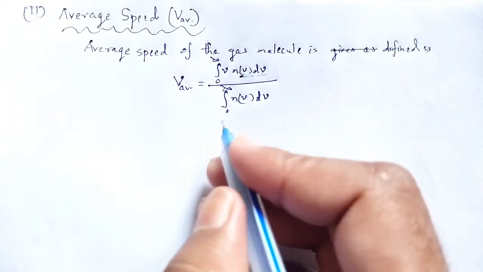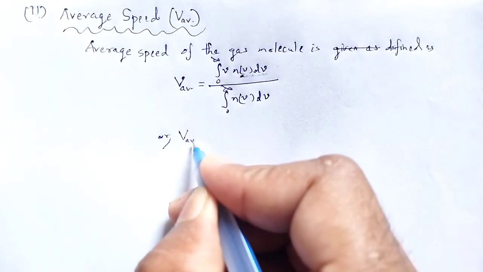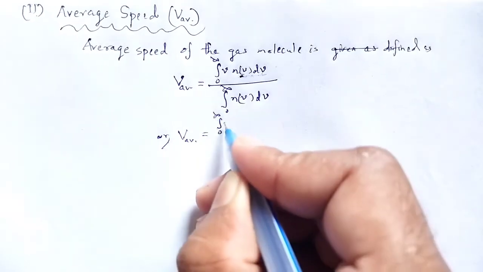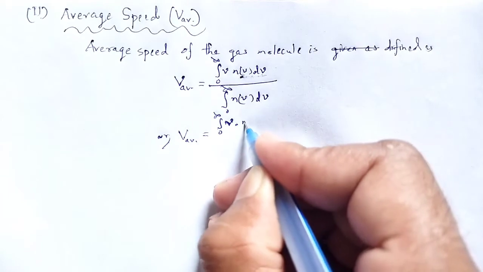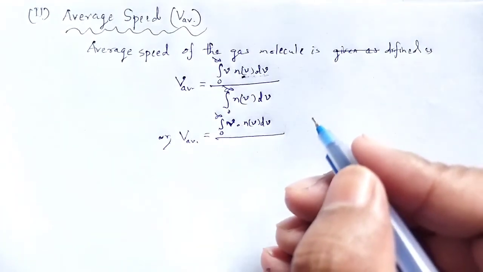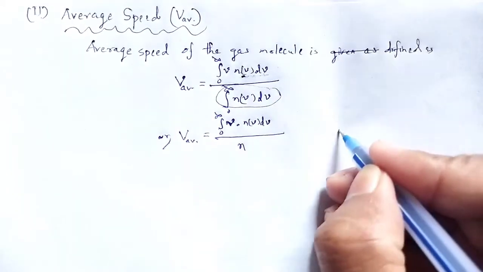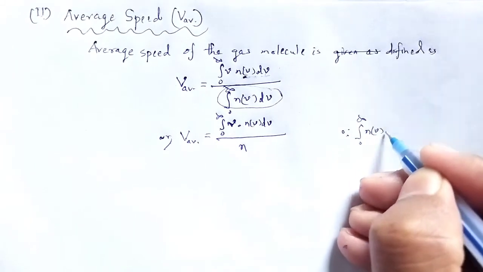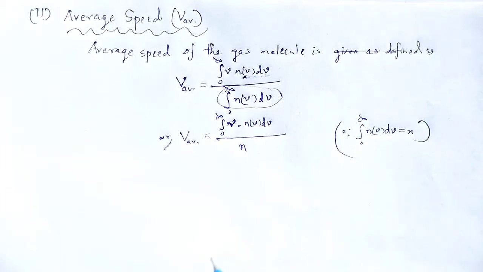So here v average is equal to integration from 0 to infinity of v n_v dv divided by the integral value, which is N, that is the total number of molecules.